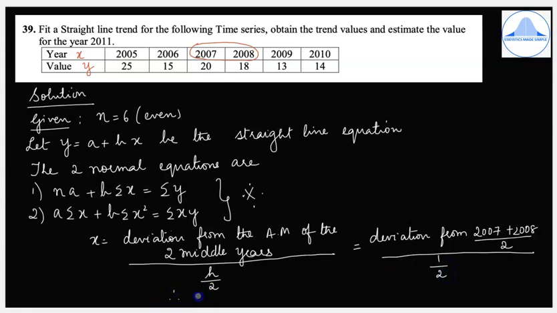So finally you get x is equal to deviation from 2007.5 divided by 0.5. I'll show you how to obtain x in my next slide.